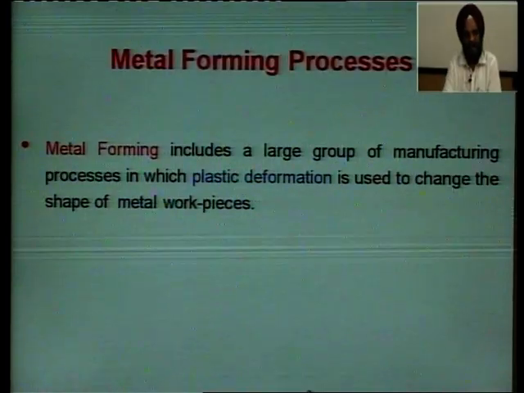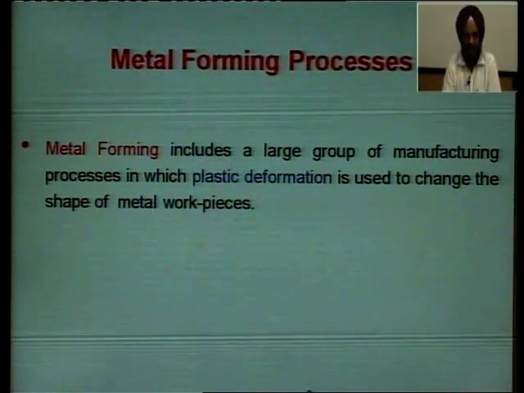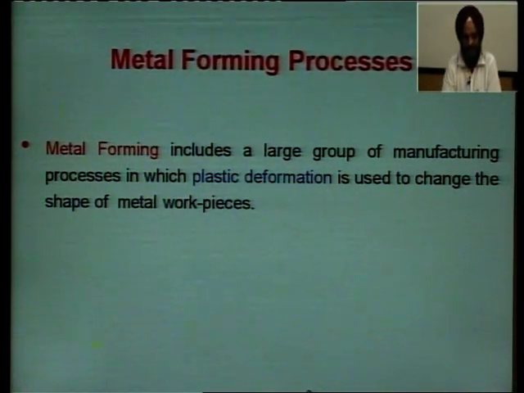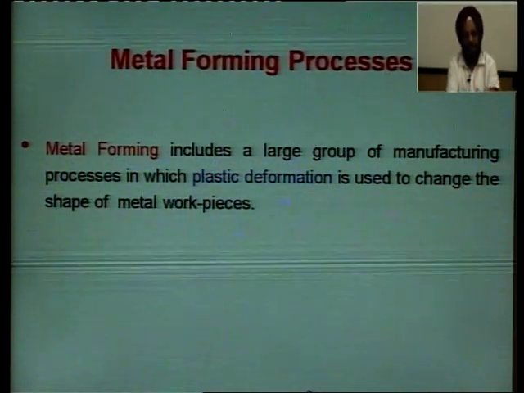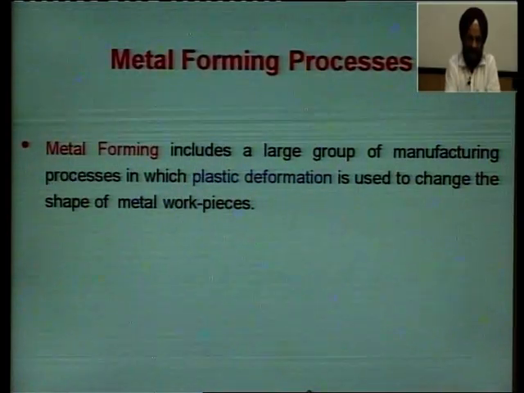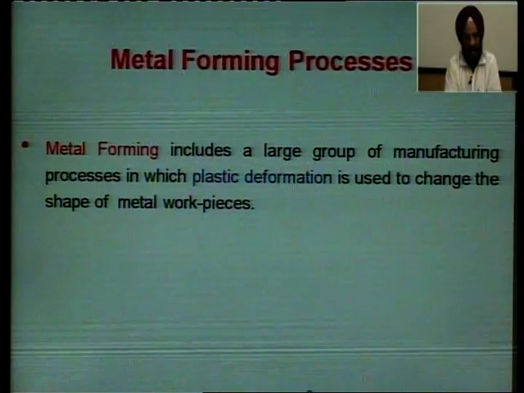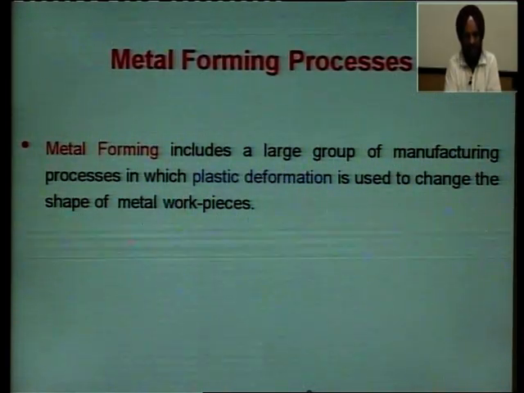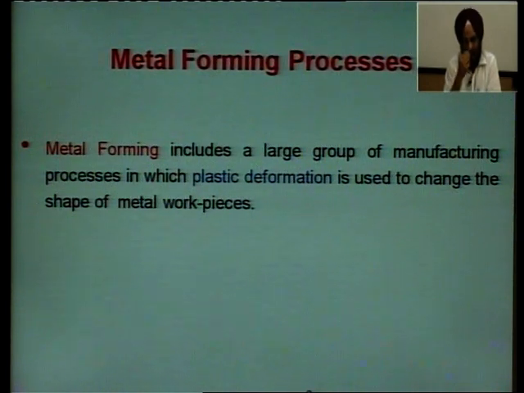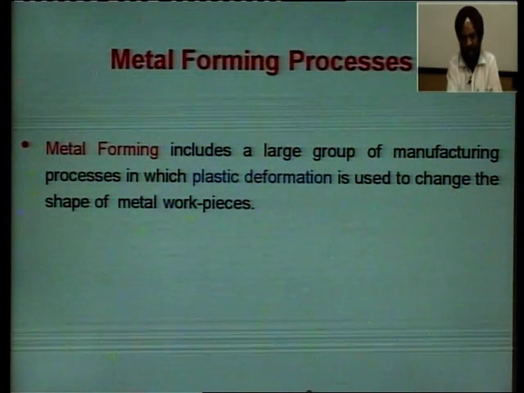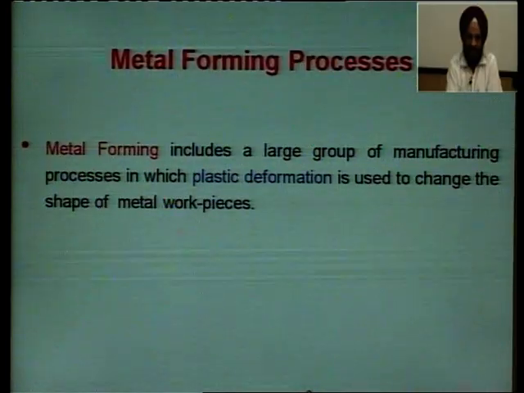Metal forming basically includes a large group of manufacturing processes in which plastic deformation is used to change the shape of the metal workpiece. That means you have to apply forces on the raw material and take it to the plastic deformation stage so that the shape changes.